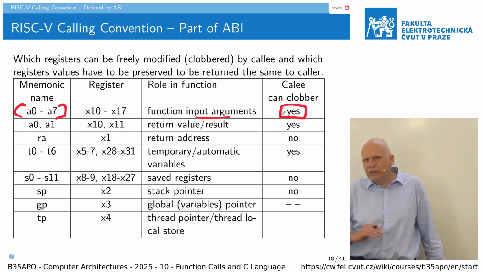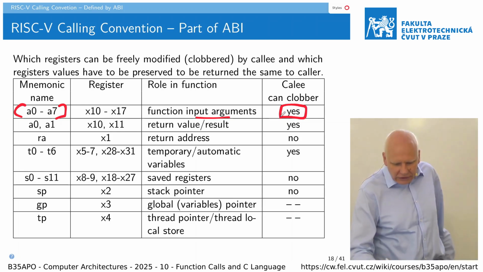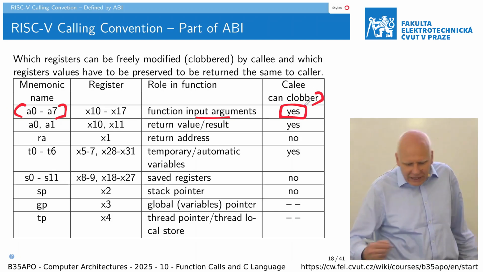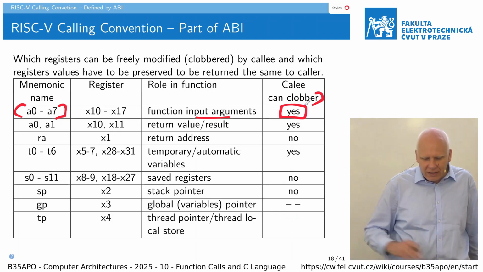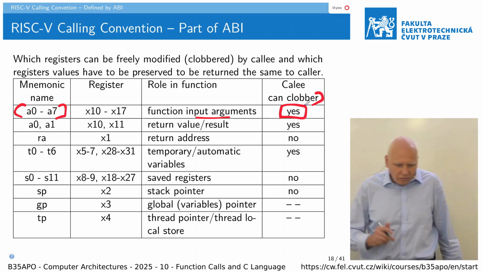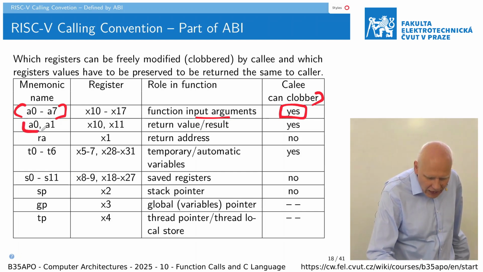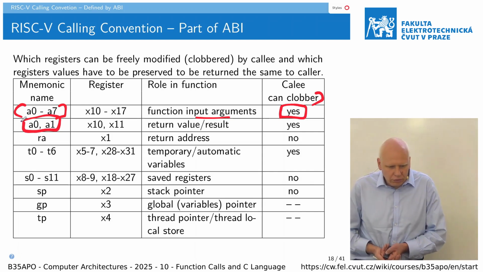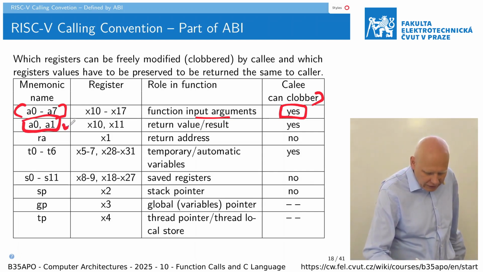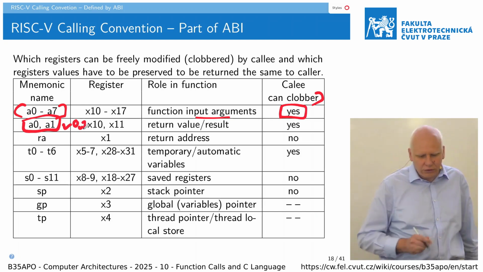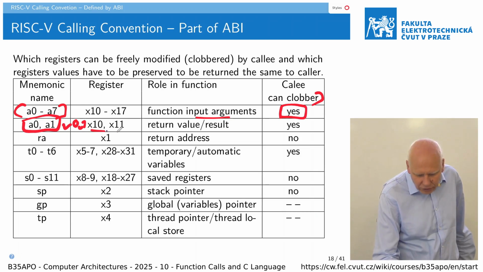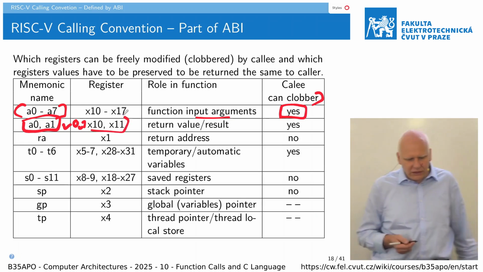You do not need to care that you modify them and then return from the function, because they are so-called callee clobberable. You can clobber them, change the value. The first two are used even as the return value registers, so in fact as V0 and V1, but it is not used with this naming on RISC-V, and those are the first two of the argument registers.